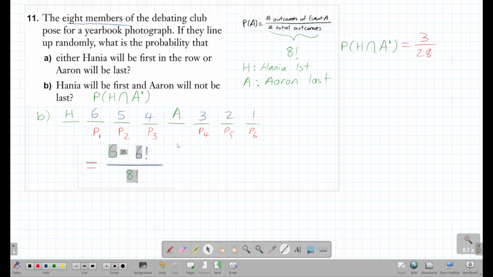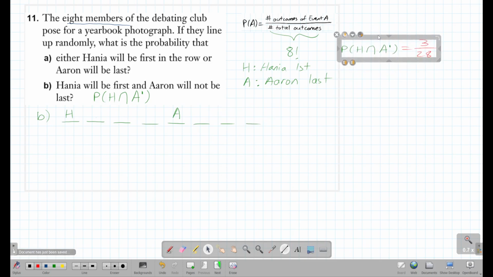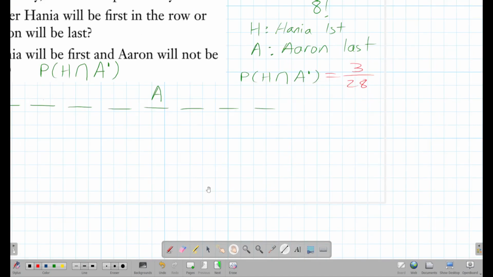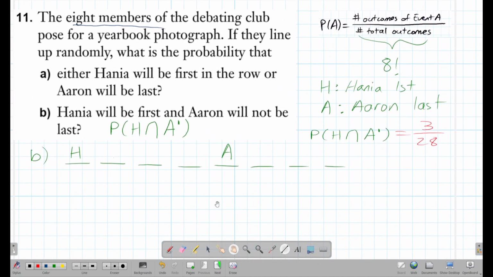Okay, so for A, we need to consider a few situations. So let me just clean this up a little bit, and we will be good. Just move that over here. Okay. All right.